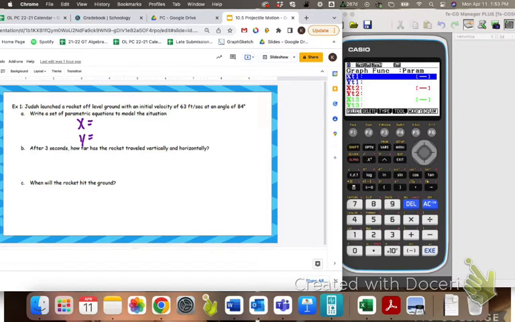The formula for X equals is velocity, which is 63, times T, which is our variable, times cosine of our angle, 84. Then for Y equals, we're going to do negative 16 T squared, plus velocity times T times sine 84, since it's vertical. And the initial height here, it says it's launched off the ground, so we don't need to add anything additional at this point.